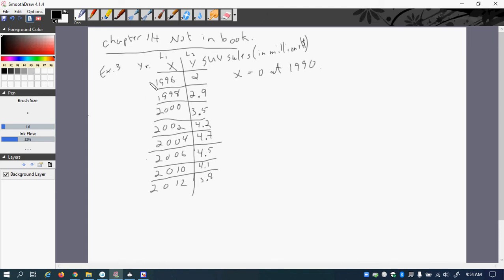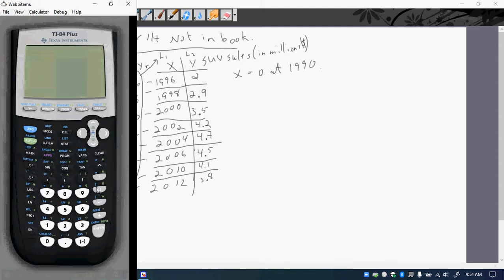So this is 6, this is 8, this is 10, this is 12, this is 14, 16, 20, and 22. These are the numbers I put in for the L1, and these I just type in. So that's what I did already on my calculator. So here is my data.